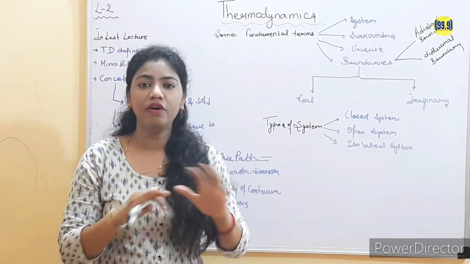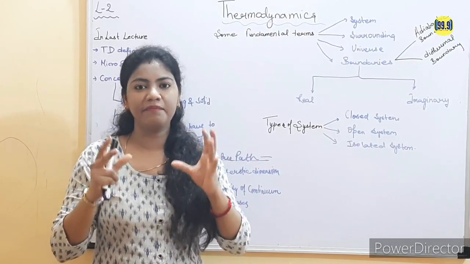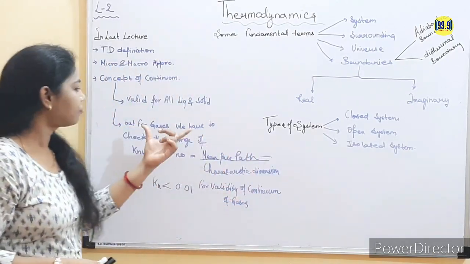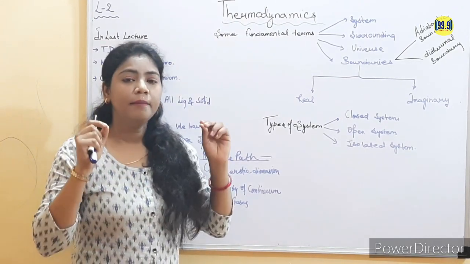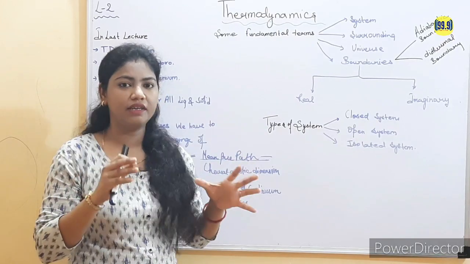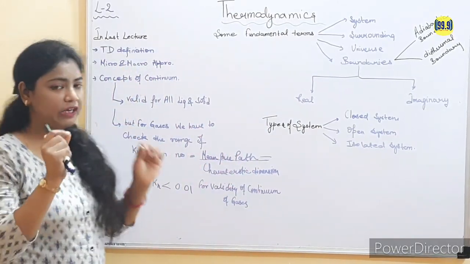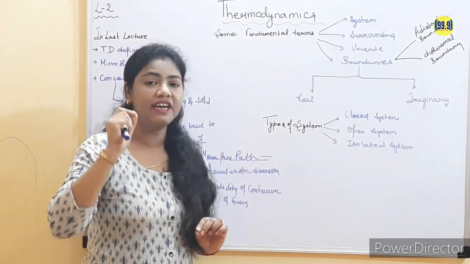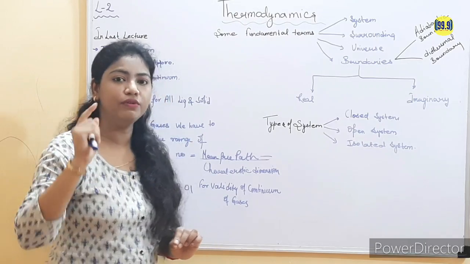It means they cannot attain any particular volume if the system is open. That's why the concept of continuum is not valid for every gas, but it is valid for a particular range. What is the range and how do we select it? That is with the help of the Knudsen number.